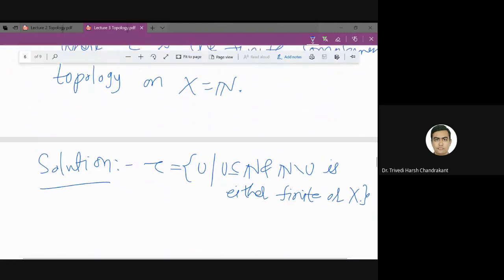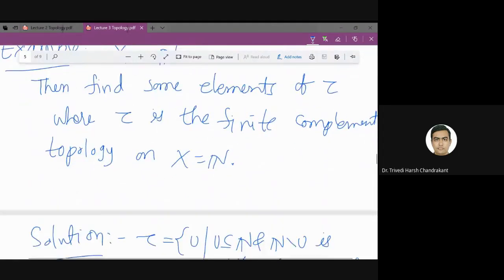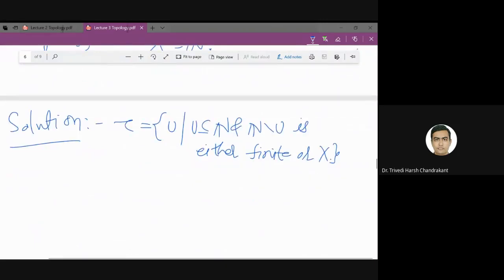So let us try to understand this example. We are taking X equal to the set of natural numbers. Then what are the sets which are open in this topology?